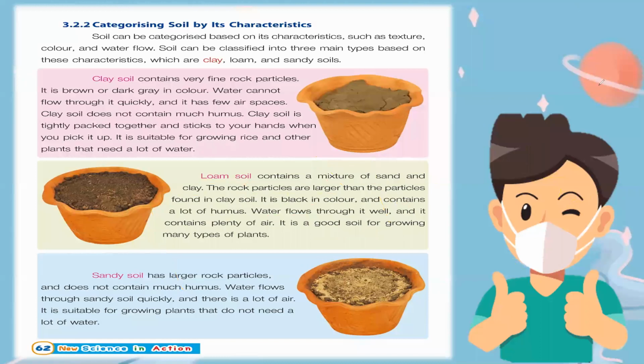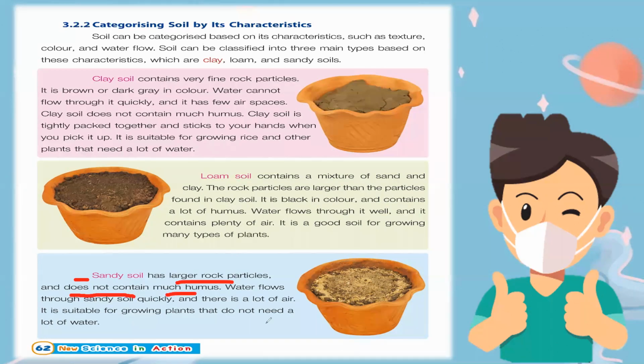Yeah. All right. Now, number three, the third type of soil we have is sandy soil. Sandy soil has large rock particles. The first one, clay, has the finest rock particles. Then loam has a bit larger than that. But sandy soil has large rock particles and does not contain much humus.